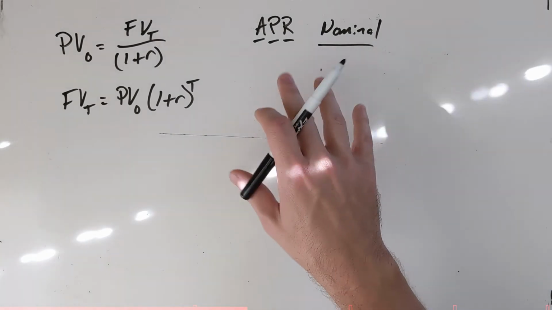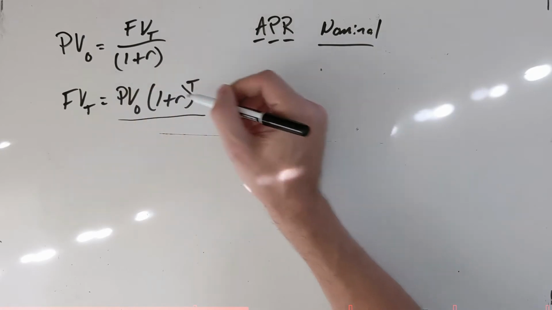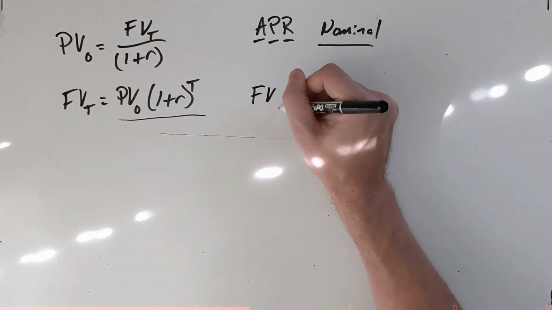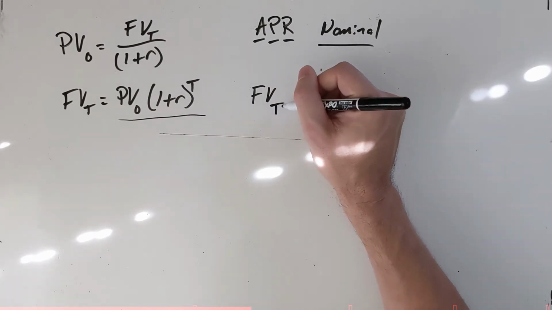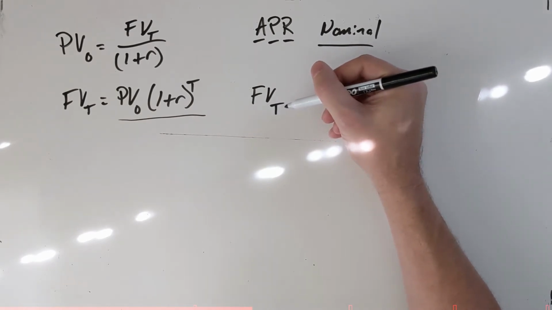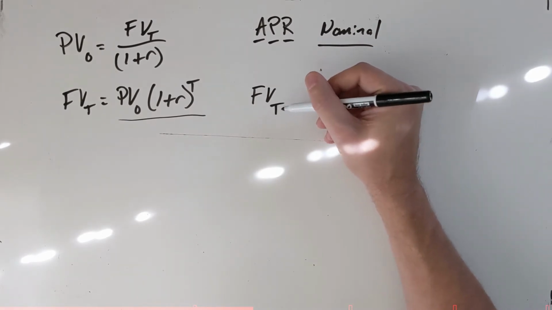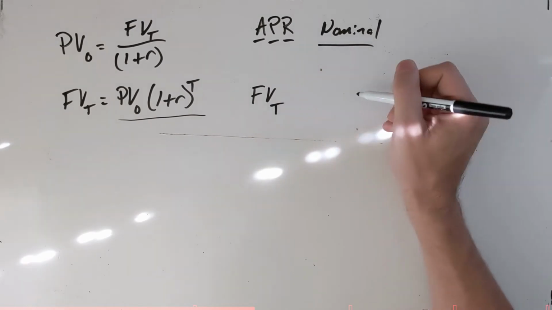Okay, so the way this gets used, we will change this formula slightly. The future value at time t means after this many years. But we're going to have to work in the fact that interest gets compounded more often than one tick of time in our model.